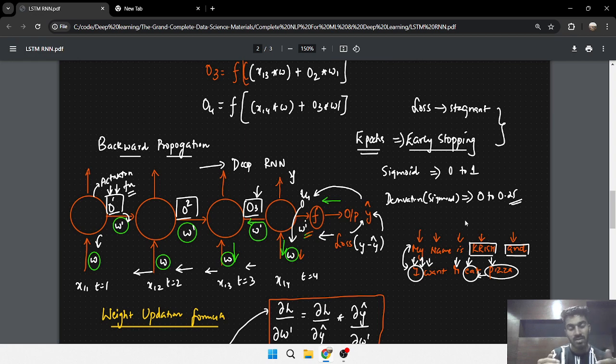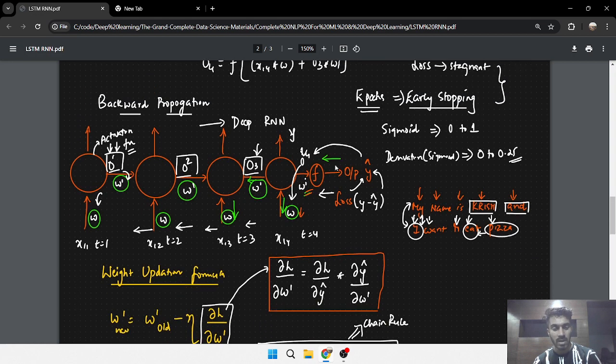To minimize this error we have activation functions. In a deep neural network we use activation functions like ReLU to get a minimum error, and activation functions are applied at the time of forward propagation.